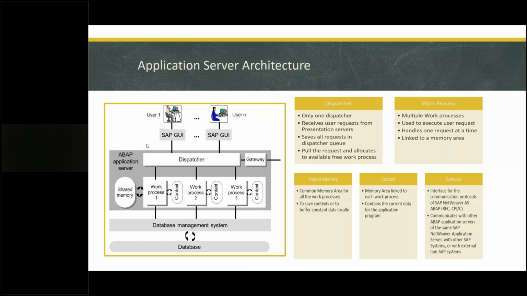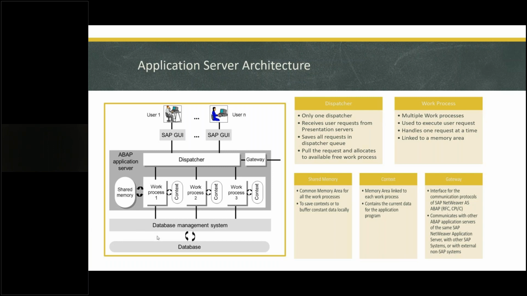See, when I say shared memory, it is common memory which is applicable to all the work processes. It will hold things like user login data, what transaction code you are executing, what the date is, what time you are processing, what user commands you are handling. Those will be stored in the shared memory, so you need not do anything explicit; by default those are available.